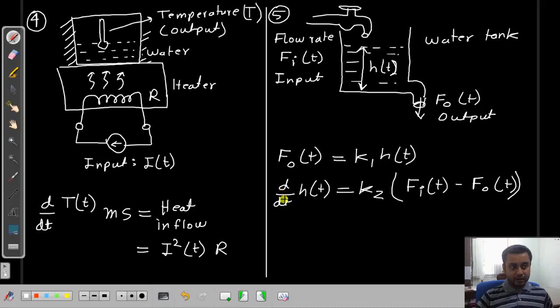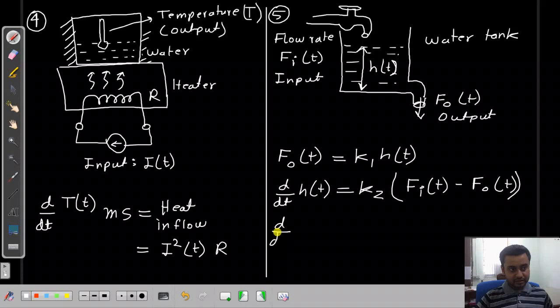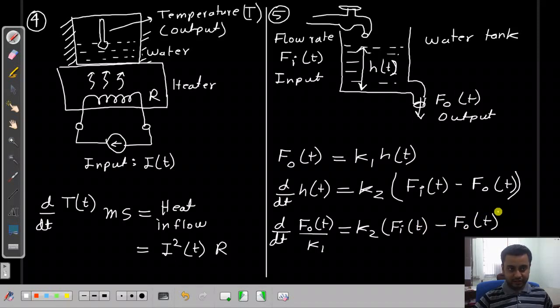For that, let me replace this H in this equation with Fo divided by K1. So Fo(t) divided by K1 is equal to K2 times Fi(t) minus Fo(t). So this is the relation between the input and output of this system.